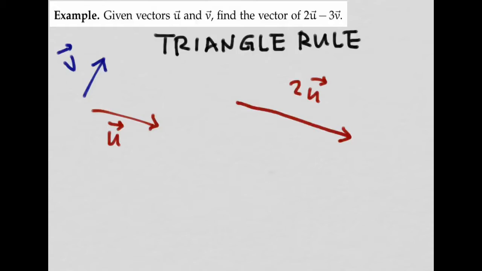The vector minus 3v has the opposite direction of v and 3 times the magnitude. If we're using the triangle rule, I'm going to position the vectors 2u and minus 3v so that the initial point of minus 3v coincides with the final point of 2u. So with that said, we draw 2u and minus 3v as follows.